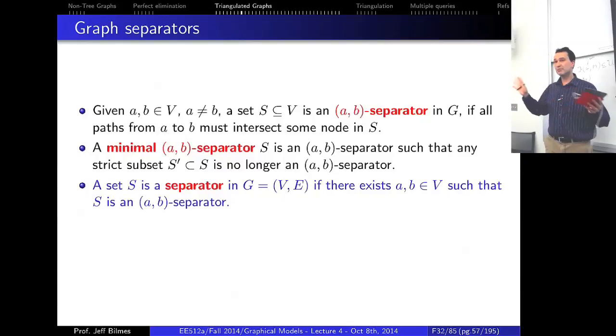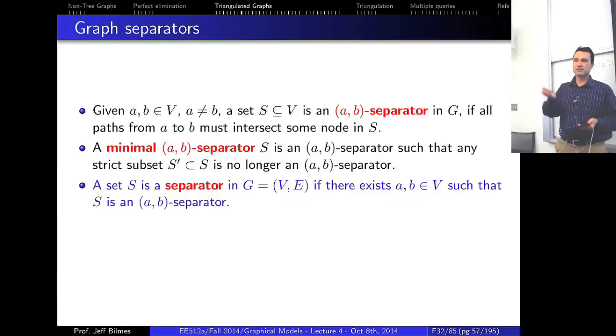And the notion of just a separator, without any association ascribed to it with respect to, say, A and B, is a set of vertices if there exists some A and B for which it is an AB separator. Question: do we allow A and B to be in S?